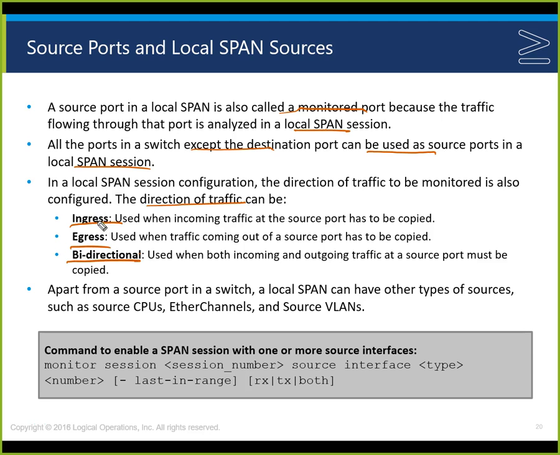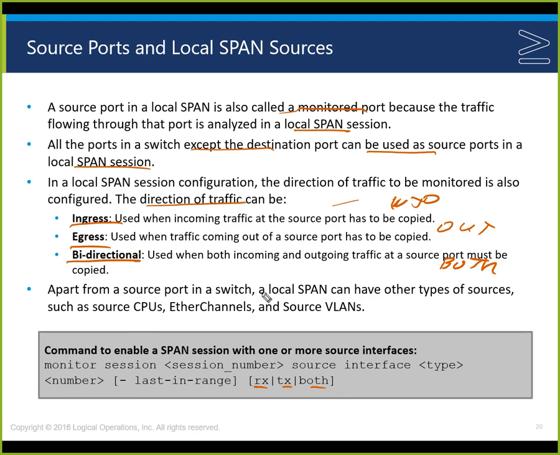So we can monitor the traffic going into the port, out of the port, or both, and probably both. Bidirectional is what we're going to use. And when we do those, receive, RX, TX, or both are the keywords that you use in the configuration.